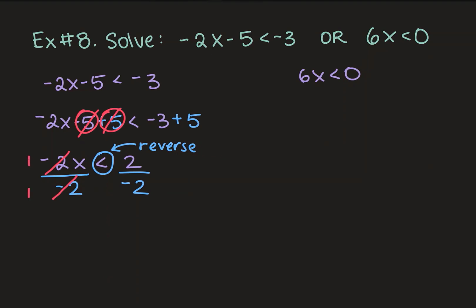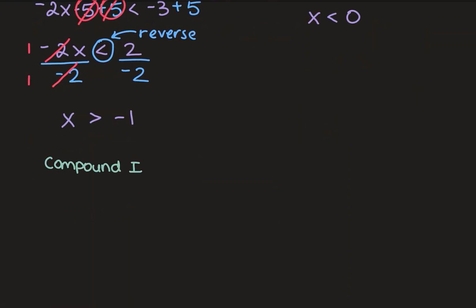So we have x is greater than -1. For the other inequality, we divide 6 from both sides, simplify, and we get x is less than 0. So our compound inequality simplifies to x is greater than -1, or x is less than 0.